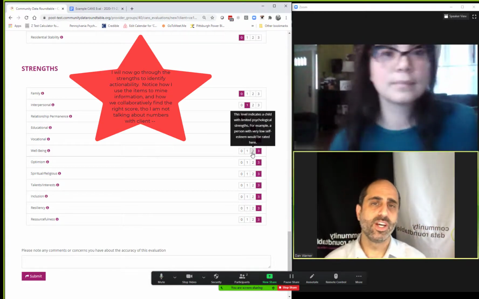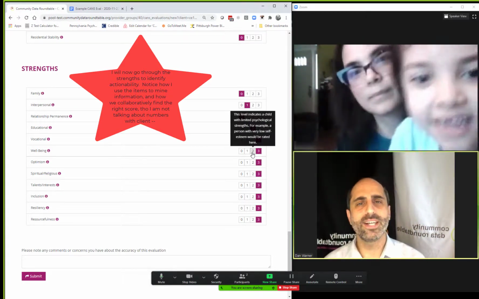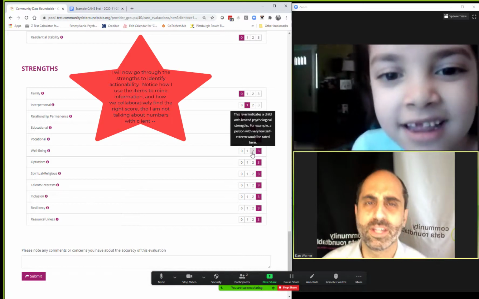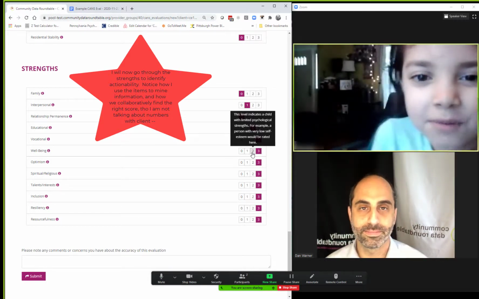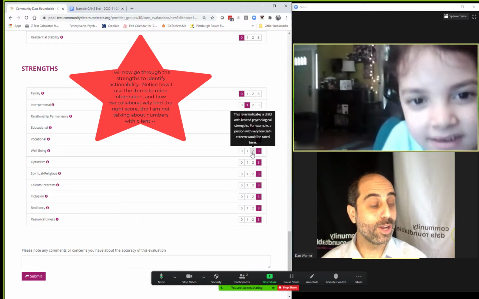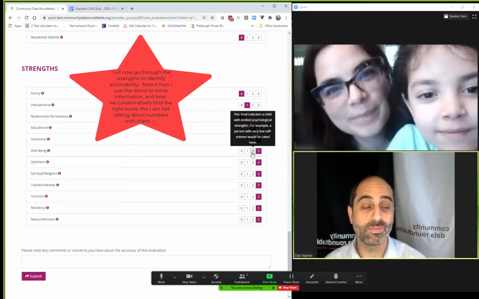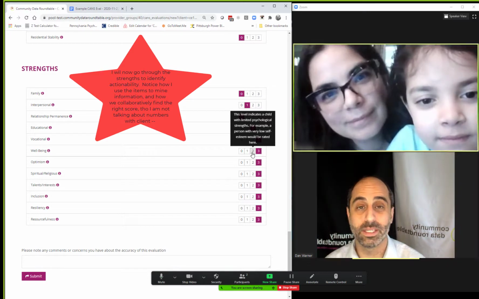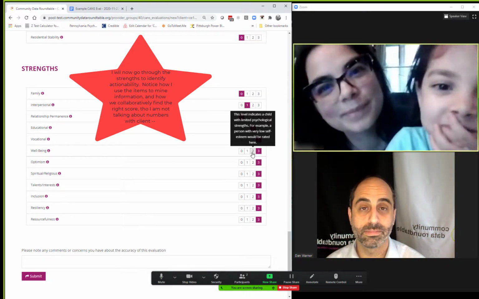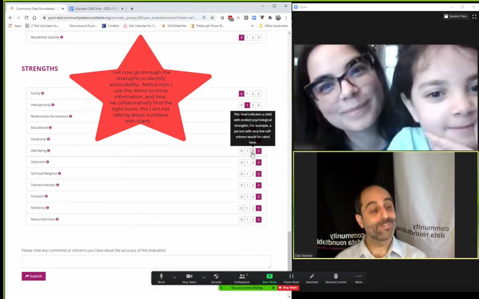Rosa, are you a person who sees the positive, or are you a person who's usually looking at the negative? Are you the person who's going to see rainbows and see the world is all good, or are you a person who really has a hard time finding things to be good? In the middle. You're in the middle. Okay.